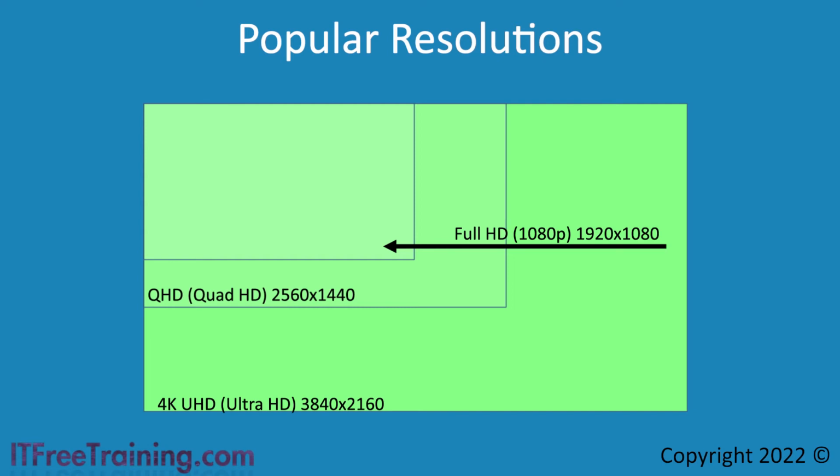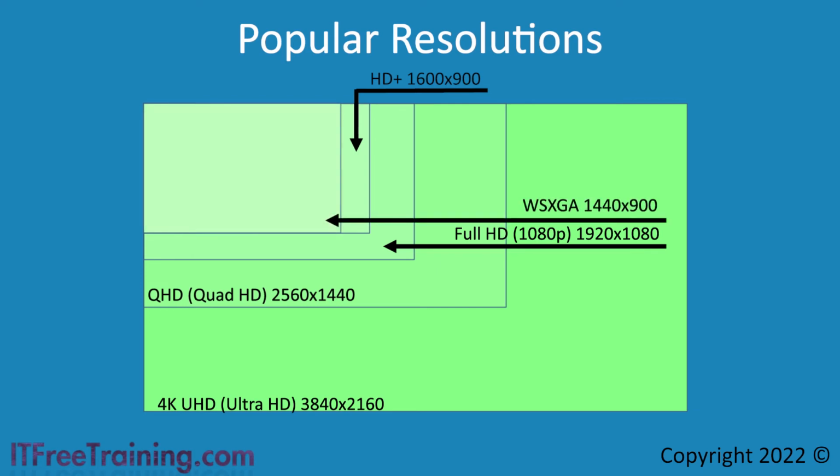The next resolutions I will skip over pretty quickly because nowadays any new screens will most likely be 1080p or above. The next resolution is HD+. HD+ is a widescreen format that you may find on small devices like DVD players or small laptops. The next resolution is Wide Super XGA, or WSXGA.